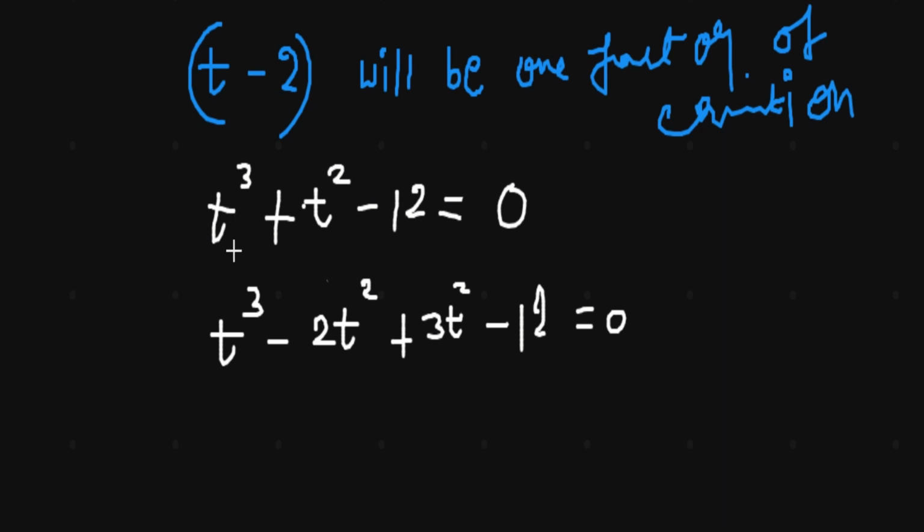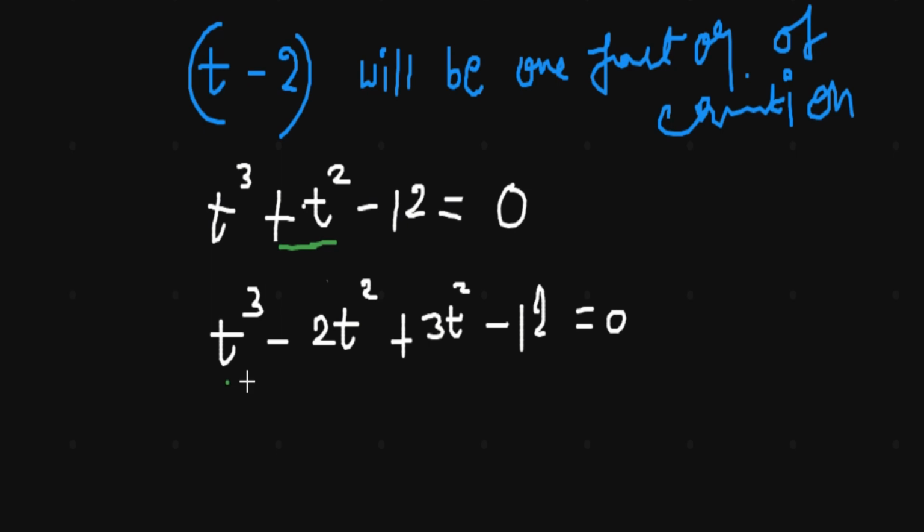Friends, we have written t cube plus t square minus 12 is equal to 0 as t cube minus 2t square plus 3t square minus 12 is equal to 0. We have written here plus t square as minus 2t square plus 3t square, because minus 2t square plus 3t square is t square.